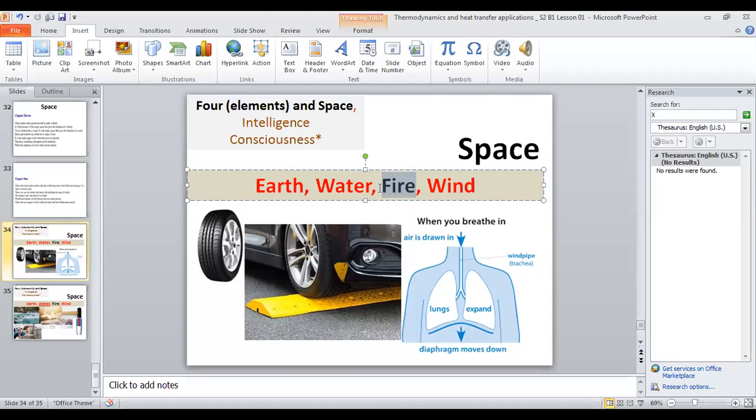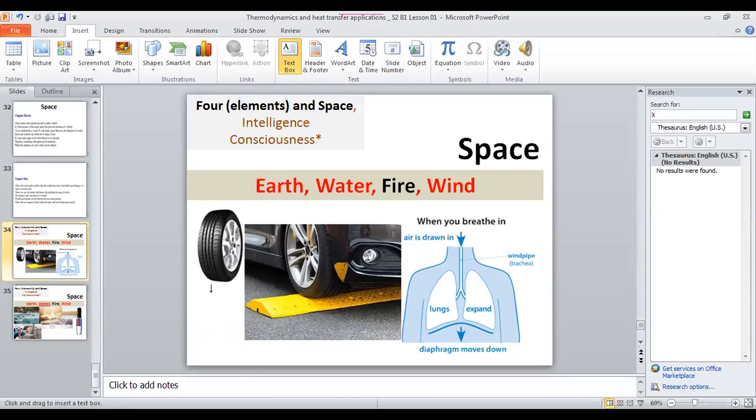The fire element comes into place. Of course, if there is a puncture, the water element will be here. So the balancing of four elements and space is important. That's what I need to say.